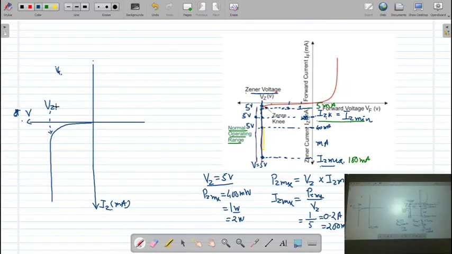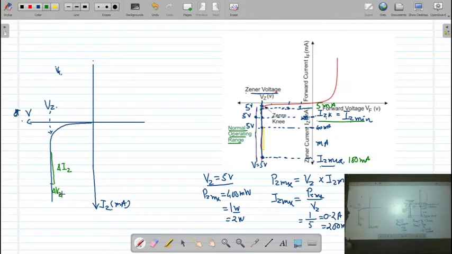Now, if you want to find the resistance of this Zener diode, you can find the slope of this. Here this represents a change in the Zener current, and this represents a change in the Zener voltage. You can see there is a large change in the Zener current, but the Zener voltage is hardly changing, in the order of a millivolt.